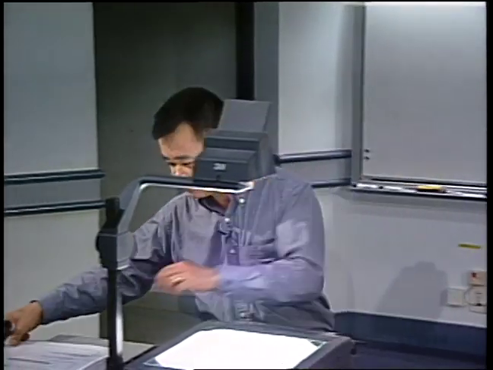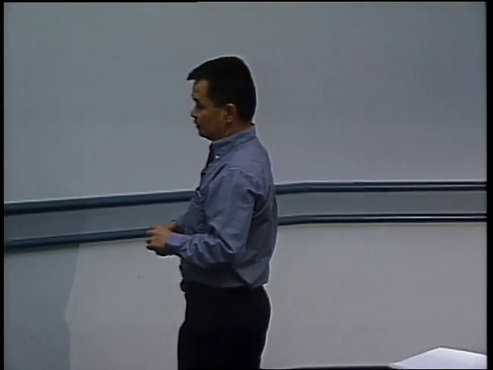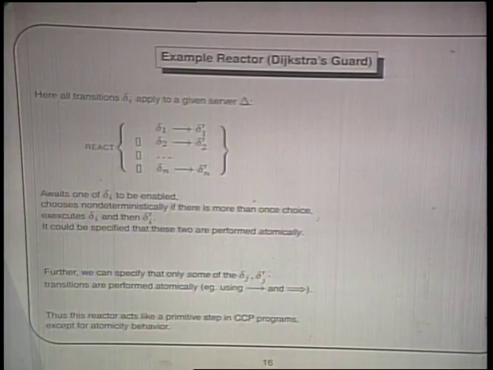So a generalization of this idea is the so-called notion of Dijkstra's guard, where you don't have one, but any finite number of such arrowed constructs. And over here, the general idea is that this construct is blocked until at least one of the delta i's on the left-hand side is true. If and when that happens, then a non-deterministic choice is made.